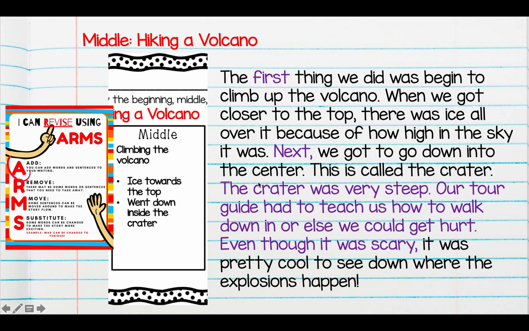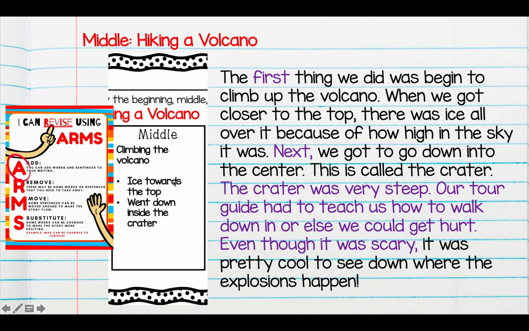So one other thing I did, in addition to adding a sentence, I decided to add more words into a sentence that I already wrote. This sentence here, even though it was scary, it was pretty cool to see down where the explosions happened. Before, my sentence was just, it was pretty cool to see down where the explosions happened. So if you don't add a whole sentence, you can add just words into other sentences that you've already written.